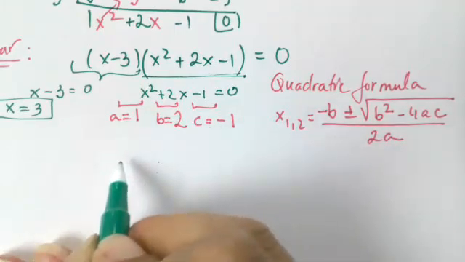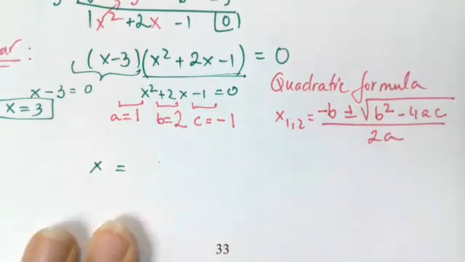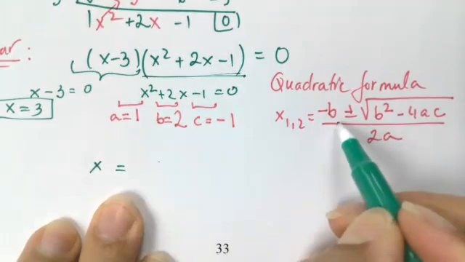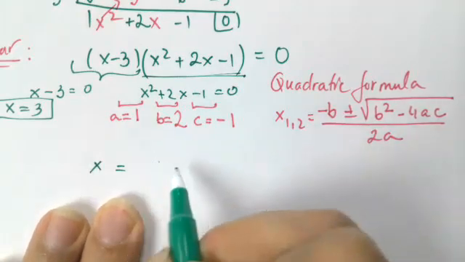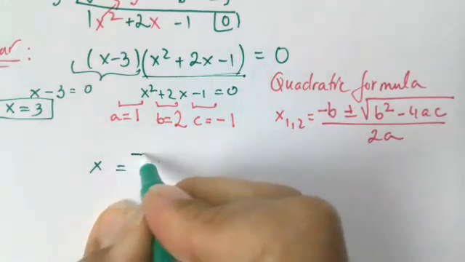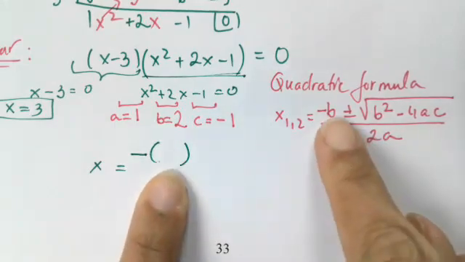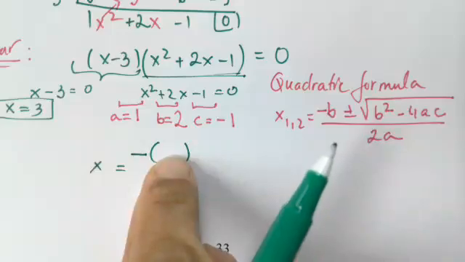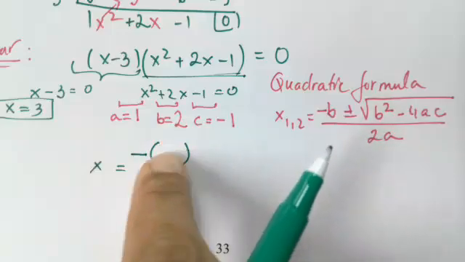So we have to solve for this. We have x equals, and then we plug in. Everywhere you see b, a, c, put brackets around it, because sometimes you have two negatives, one from the formula and one from the actual value, and you don't want to confuse them as the same negative, okay? So here I put the negative from the formula, brackets for the b, and plug in what b is inside the bracket, so 2.